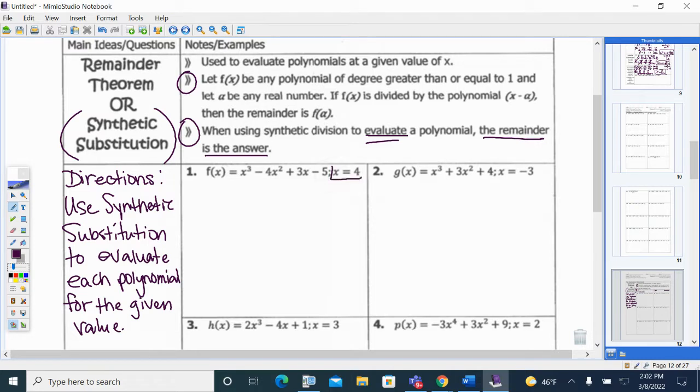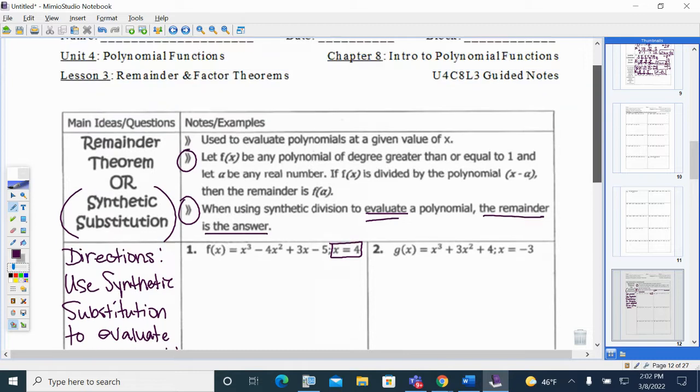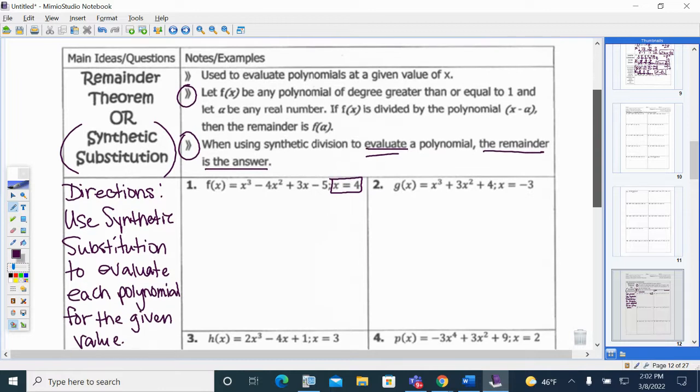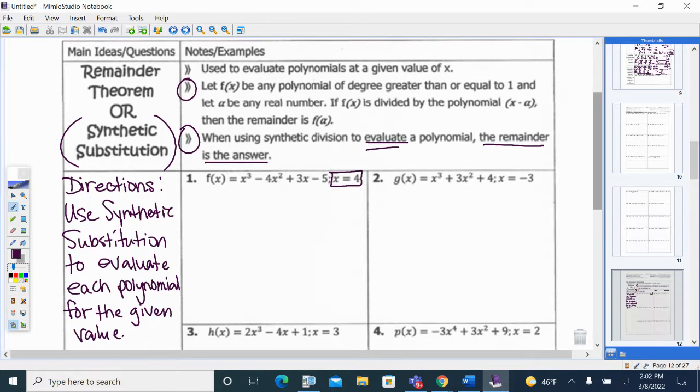Notice here that it already says x equals 4. And when you think back to lesson number 2, when we started synthetic division, we had to start out by taking the divisor and making it say x equals. Well, this already says x equals. So we're going to take that 4 and put it in the box.